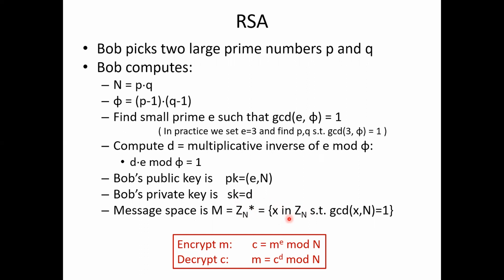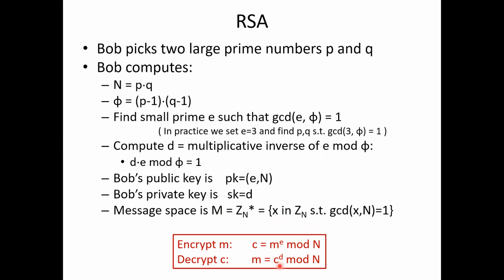But for small examples that you will work with on the homework and on the test, you will need to know the difference, because if your messages are in the wrong space, namely they are not co-prime with the modulus, then RSA will just fail. You will, quote unquote, encrypt them, but decryption is going to fail to invert the encryption. Okay, so that's the message space.